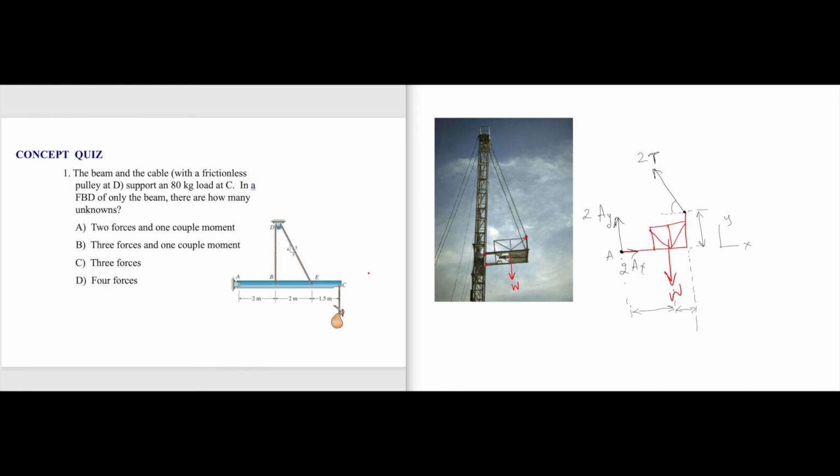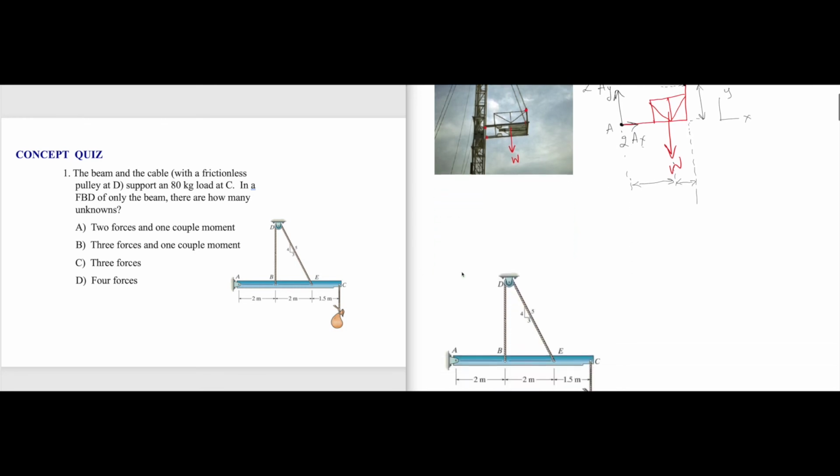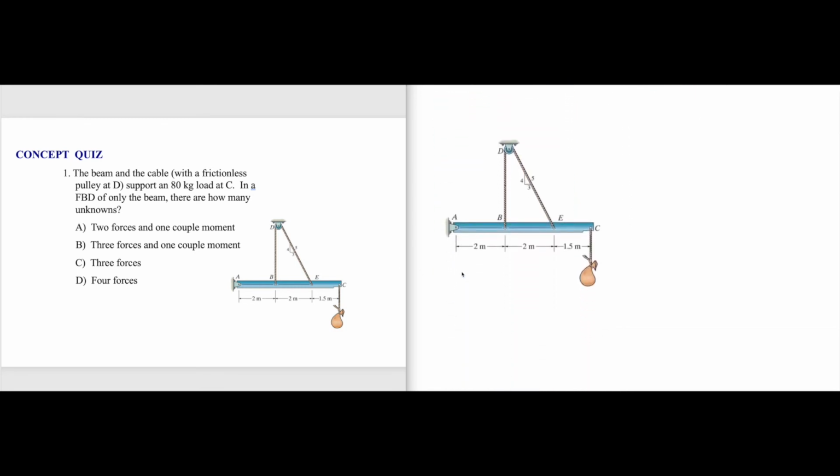Okay, now comes a quick question for us here. If we were to draw the free body diagram of the beam, then how many unknowns are present in the system?